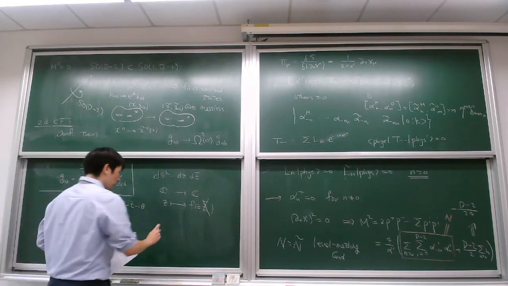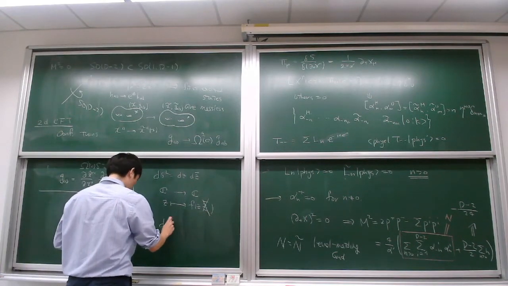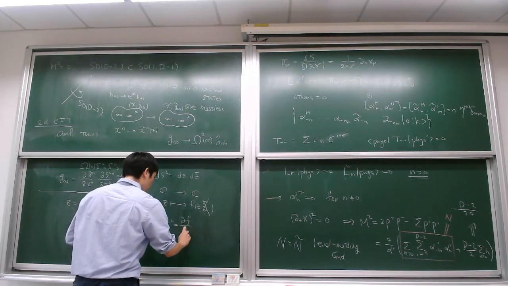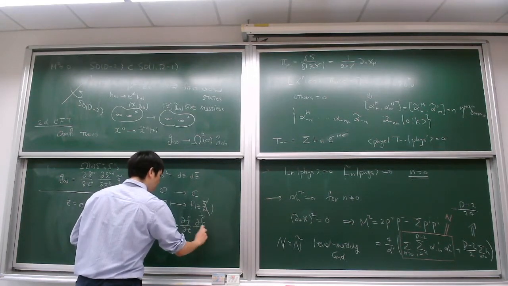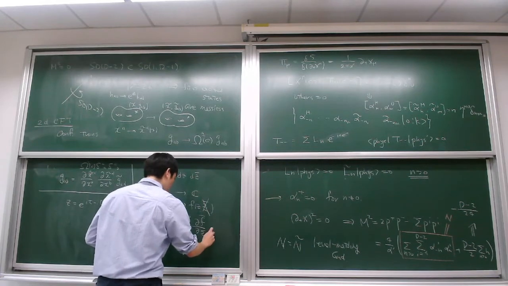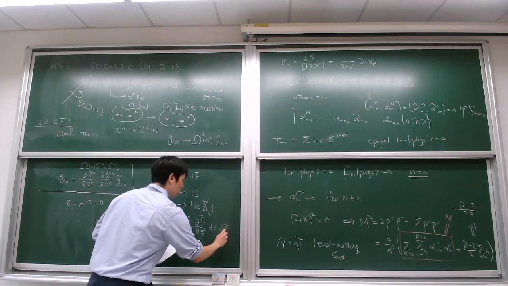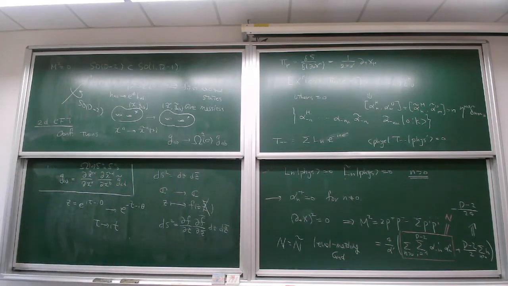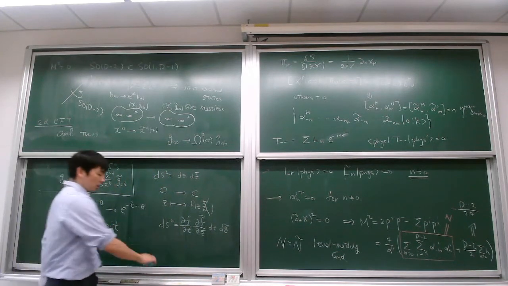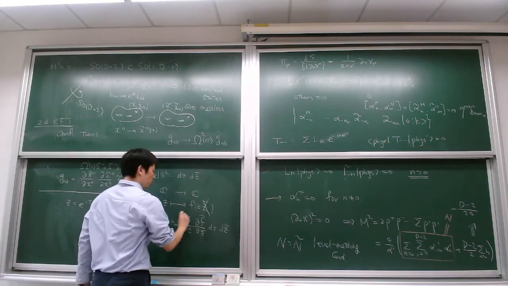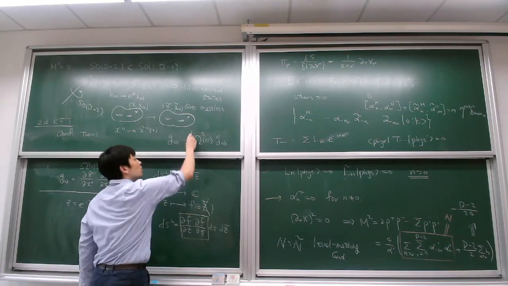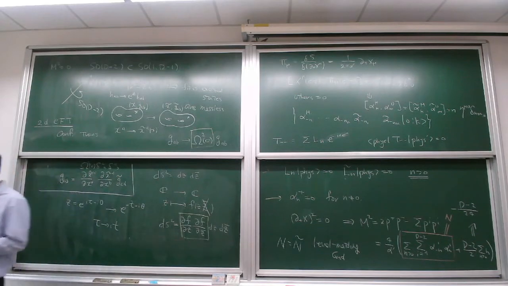Then the metric, as you have learned in GR, is easy to compute: partial f times partial f bar, dz dz bar. So this is a scaling factor. This is called the conformal factor.